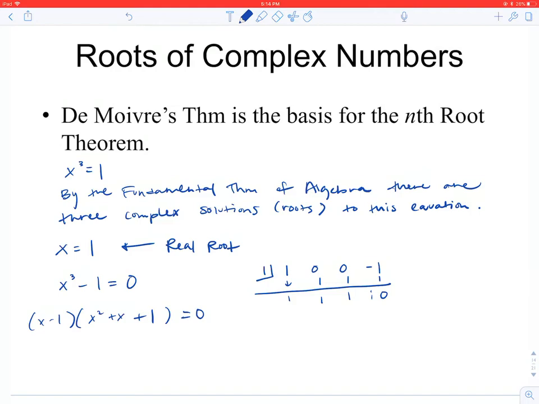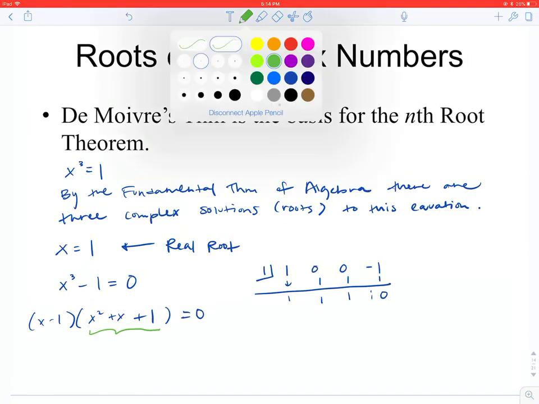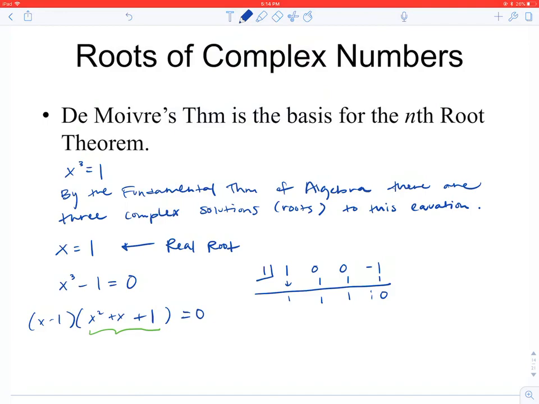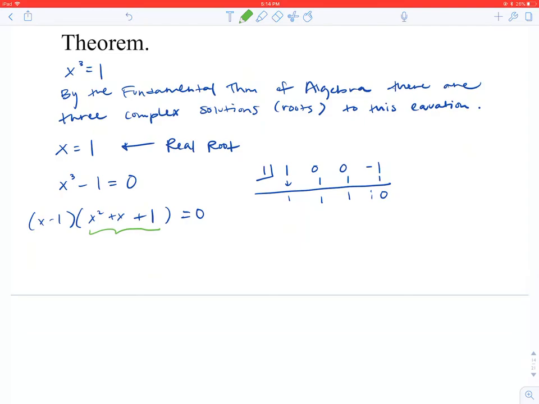Okay, so x squared plus x plus 1 is the other factor. Now, this other factor here is an irreducible quadratic, and we refer to it as irreducible because it can't be factored over the real numbers. It can be factored over the complex numbers.